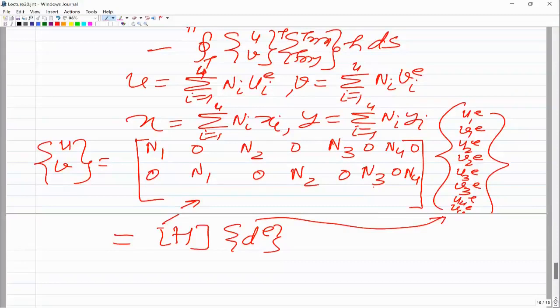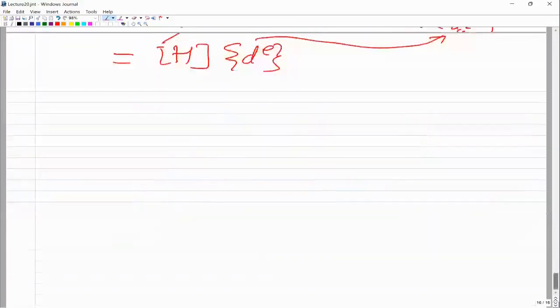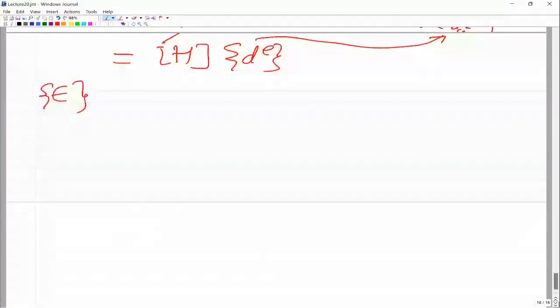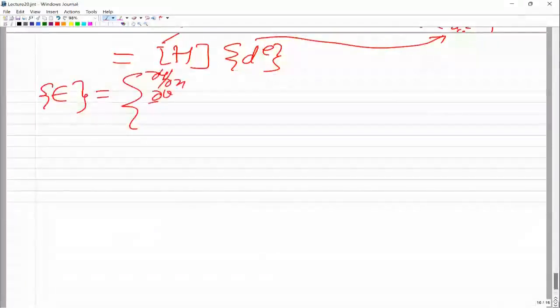And then you also need the strains. So strains epsilon xx, epsilon yy, and gamma xy. These are del u by del x, del v by del y, and del u by del y plus del v by del x. These are the three strains for the plane stress problem.